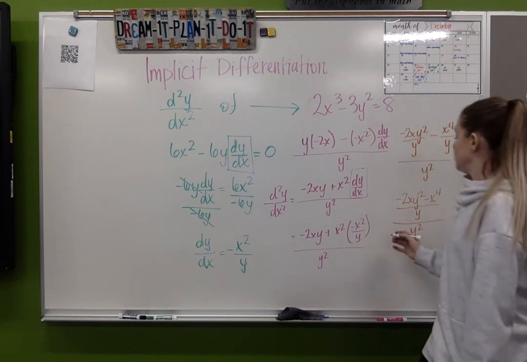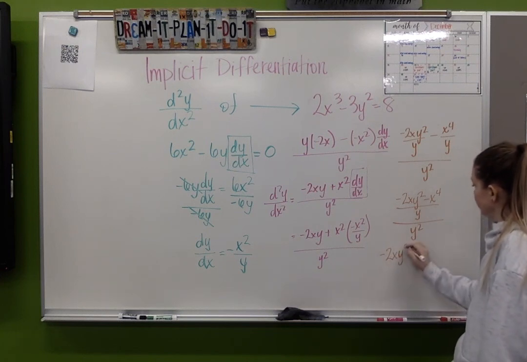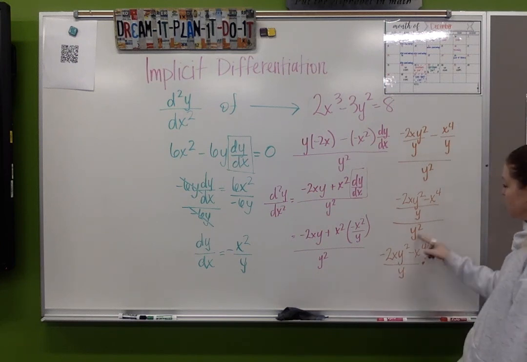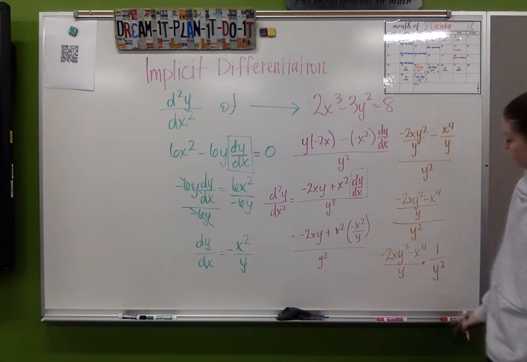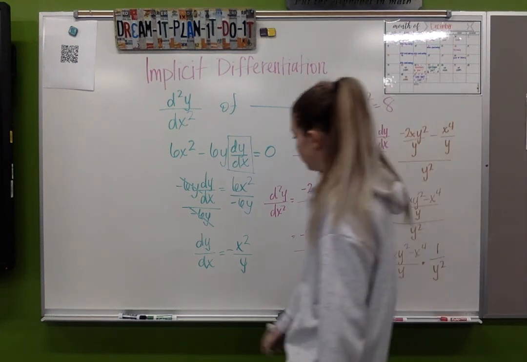So I'm going to copy the numerator, and then I'm going to change the denominator to 1 over y squared. Copy the numerator, flop the denominator, change it to multiplication.